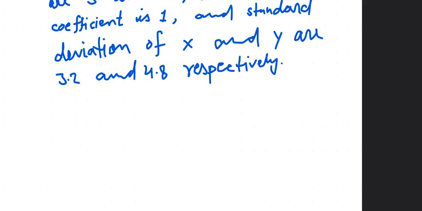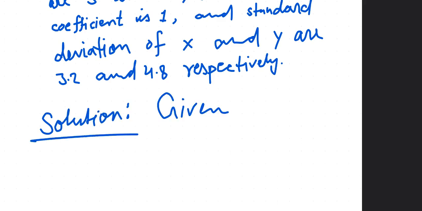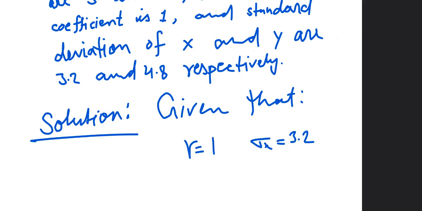I'll tell you after this question. So we have the same values of the correlation coefficient and standard deviations of x and y, so we can use the values of bxy and byx from the previous question.